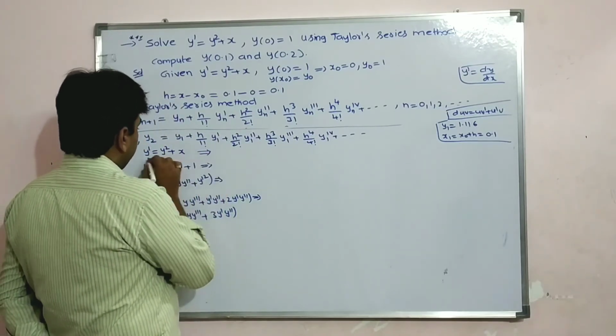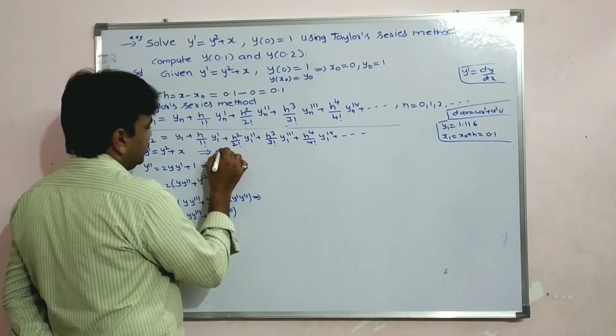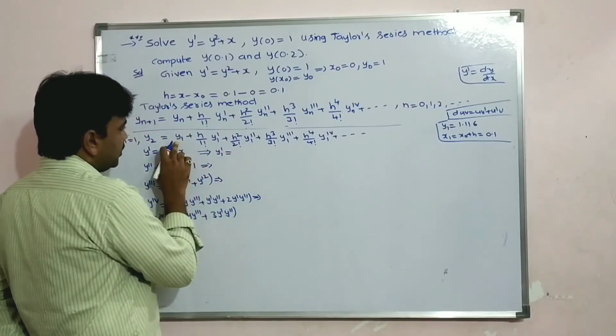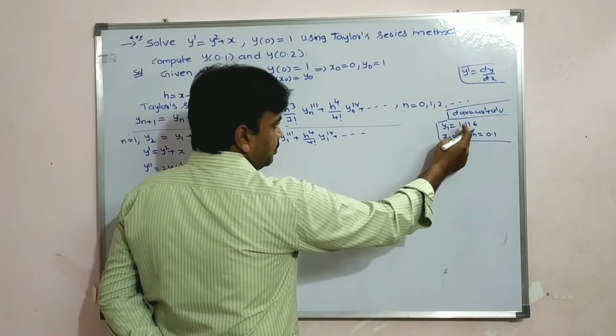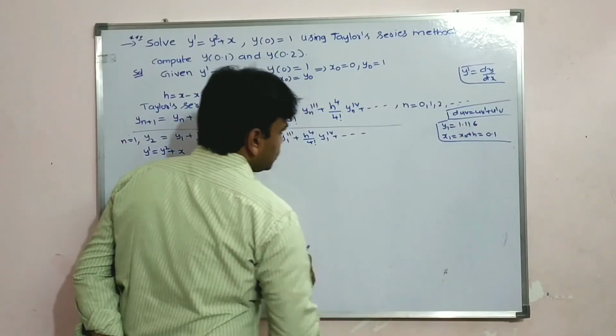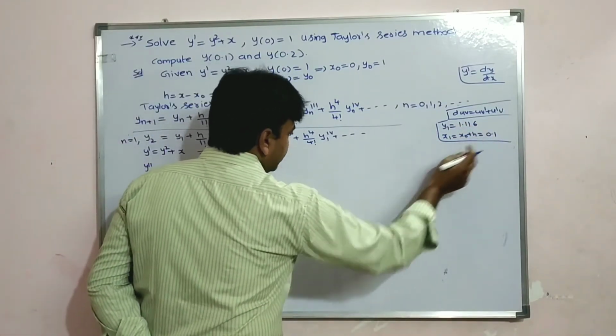y1, okay, y1 dash that is equal to, because we have already y1 students, what is y1? 1.116. Okay students, y1, and x1 value students 0.1.